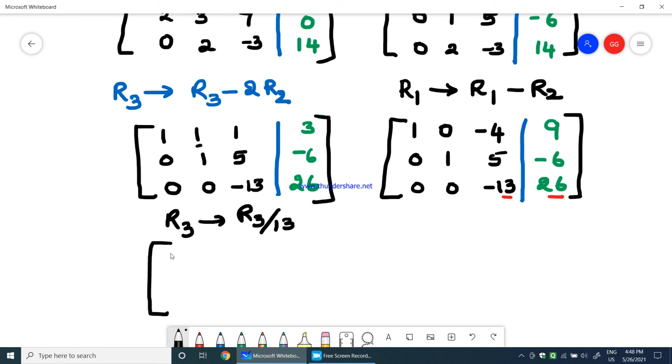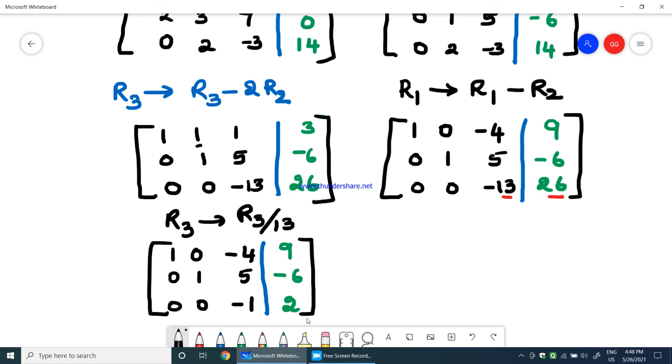I'll be getting 1, 0, minus 4, 0, 1, 5, 0, 0, minus 1. If I divide this by 13, I will get minus 1, and here it is 9, minus 6, and 13 2s are 26, so this becomes 2. Now this is the matrix we have got.